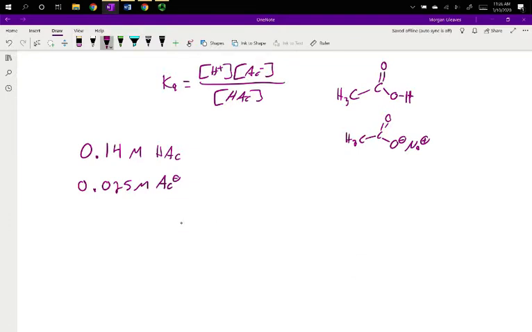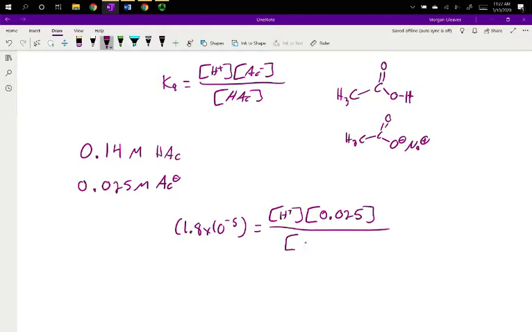If we do, we said the Ka was 1.8 times 10 to the minus 5. That must equal some H+ concentration times our base concentration, 0.025, divided by our acid concentration, 0.14. Rearrange this to get H+ on its own.